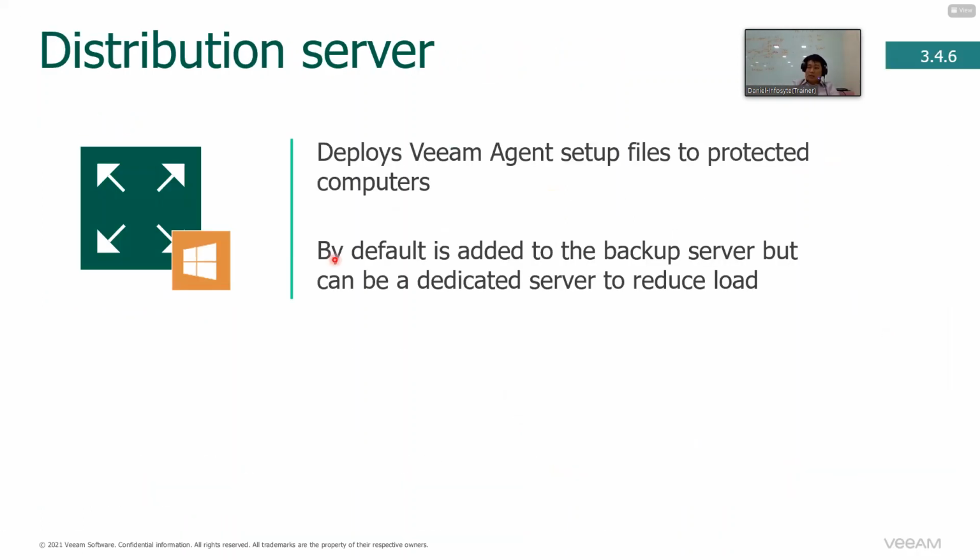Okay, so next thing, as I mentioned, if you are doing agent installation or management, we will usually require this distribution server, if you are performing backup server to agent connectivity direction. The catch-all type is the other way around. The distribution server will be the one who sends the agent software package to each of the machines.